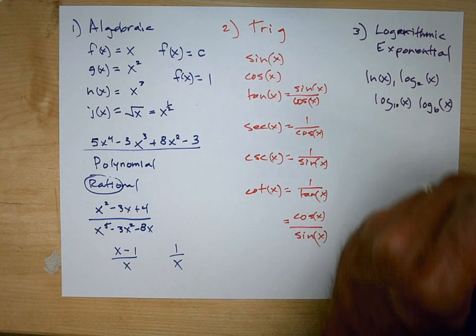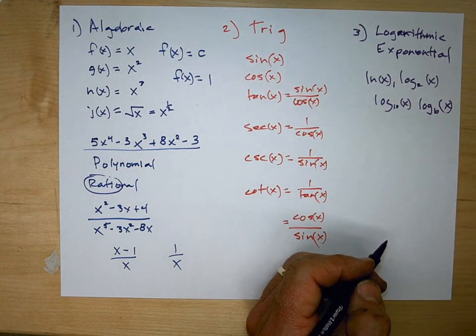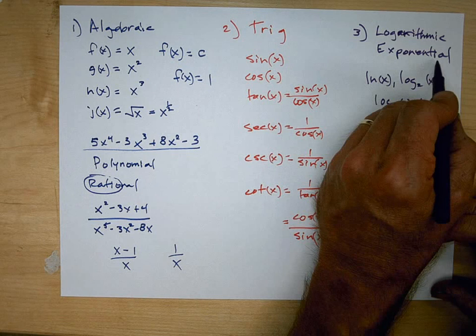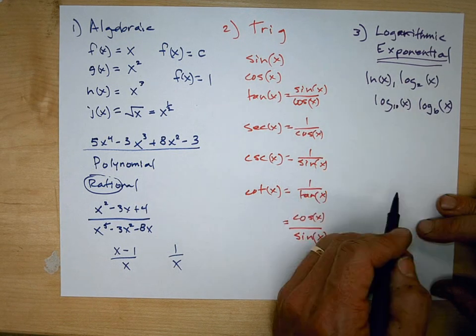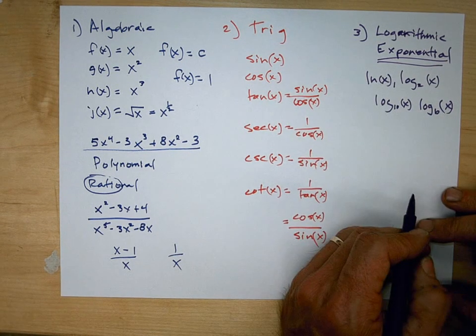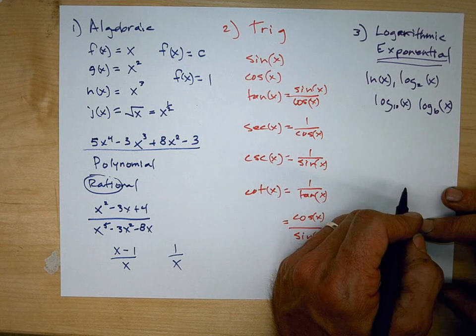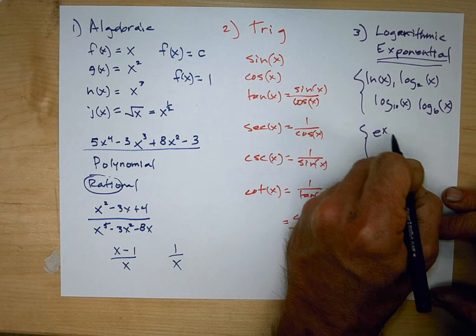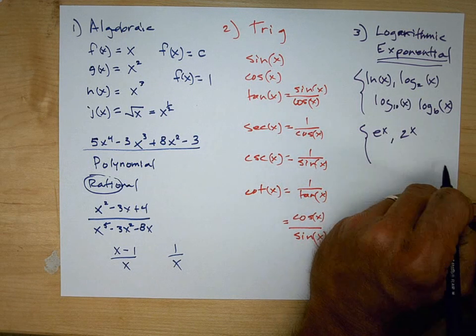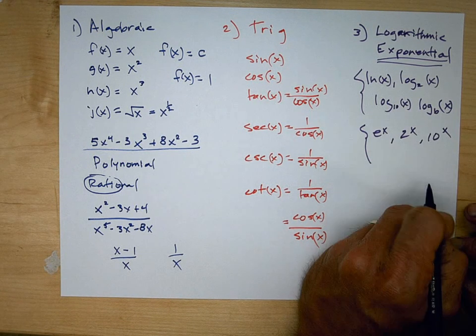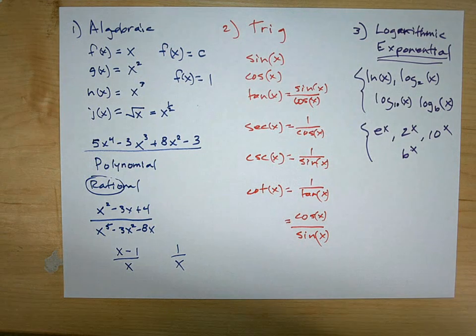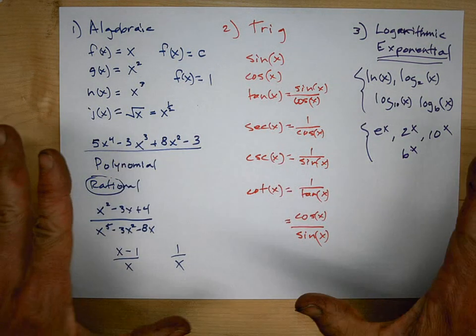We'll talk about these in more detail in a later lecture, along with their properties, but these are functions you should have seen before. The exponential would be things like e to the x, 2 to the x, 10 to the x, more generally, b to the x. So these are some basic functions that you should be familiar with.